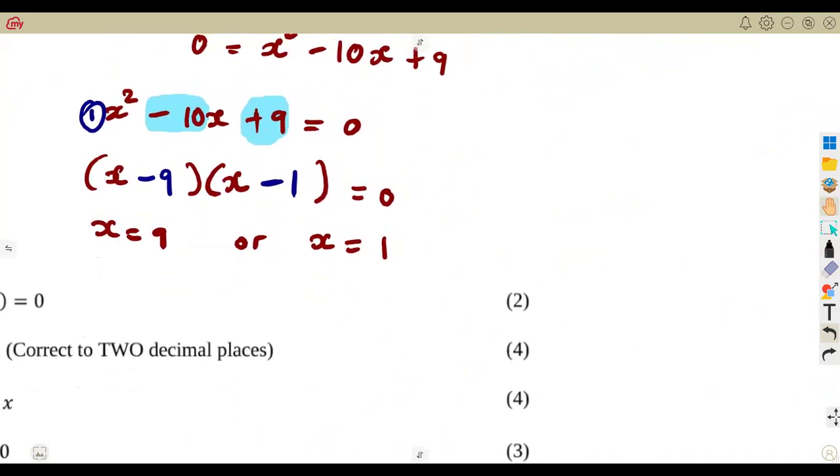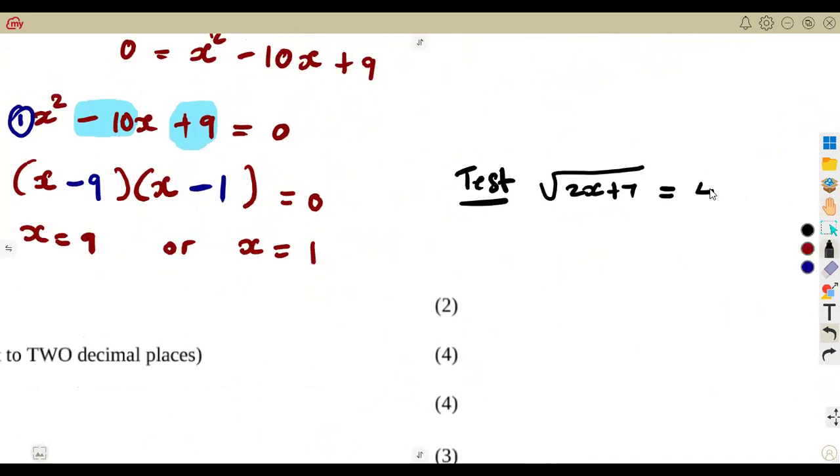Remember that we were given the square root of 2x plus 7 equal to 4 minus x. Remember, this was our question. So we're going to test when x is equal to 9.